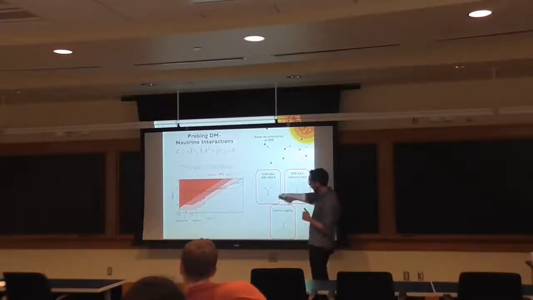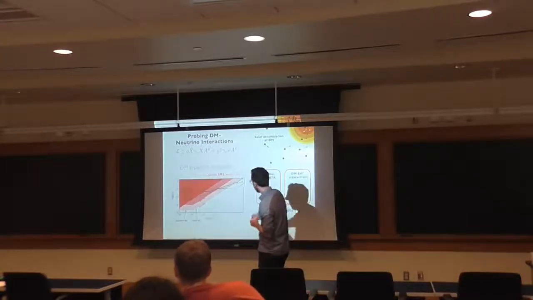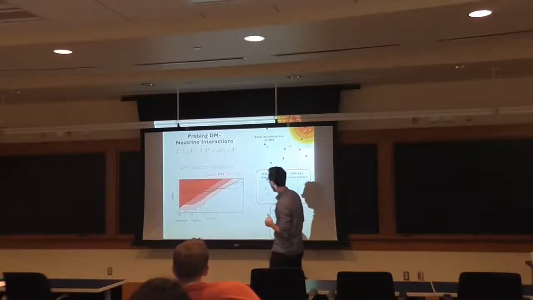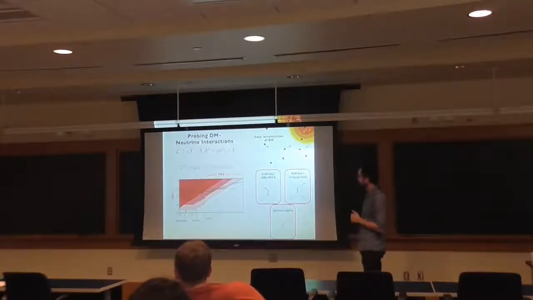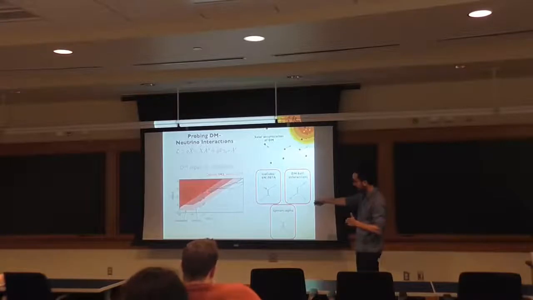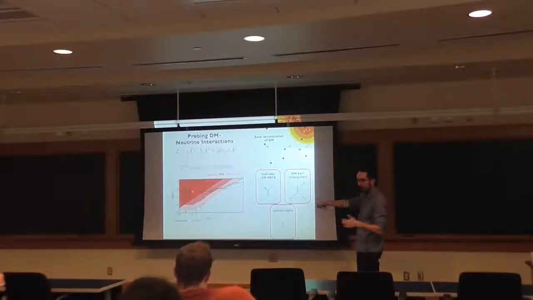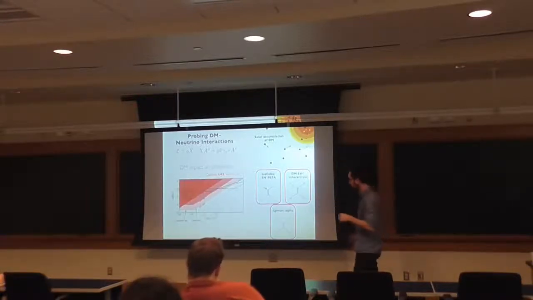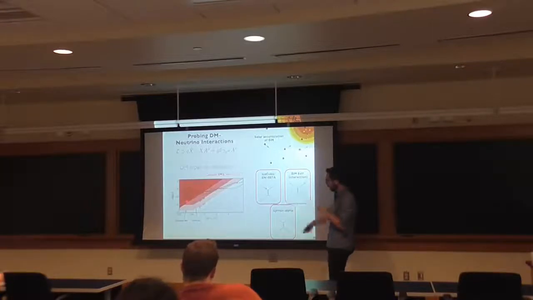So basically starting around mediator masses of, I guess, 0.1 or maybe 10 to the minus 2 eV, do these probes from the sun or even just the halo. So the halo would be from no accumulation. If I turn off any of the dark matter getting trapped in the sun, but just consider the halo density of dark matter, then I would get this red region.